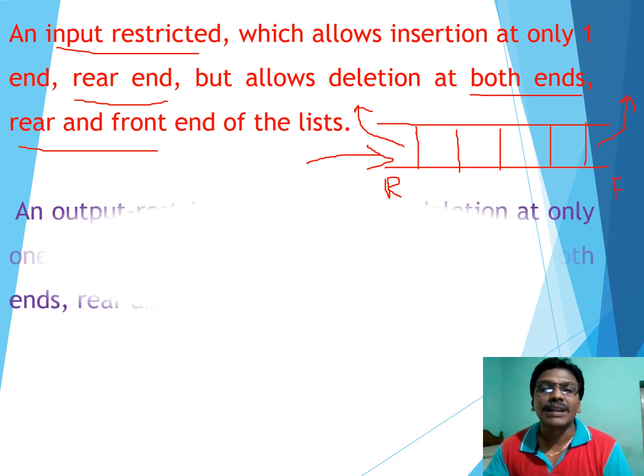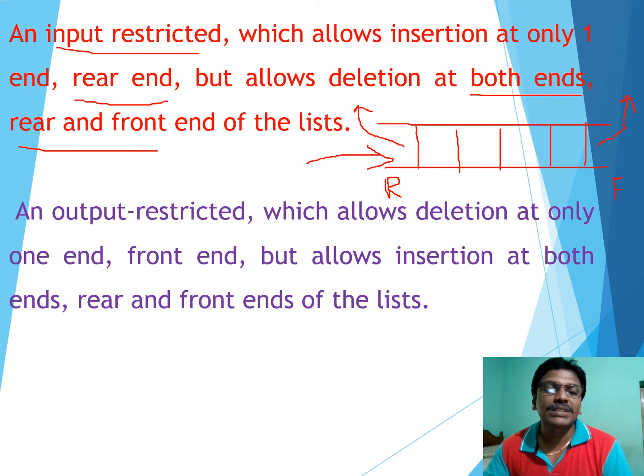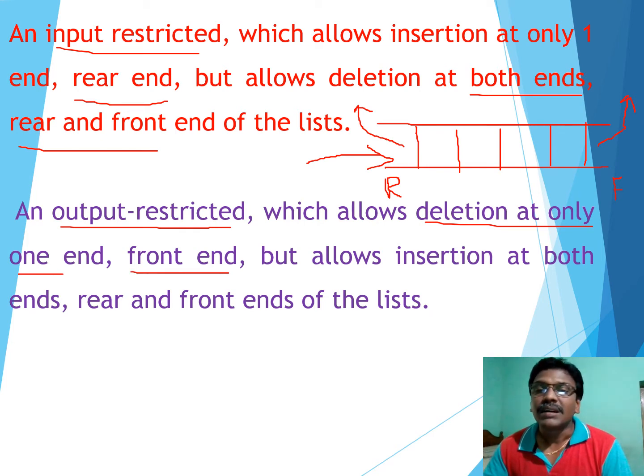And another one, output restricted, which allows deletion at only one end, that is the front end, but allows insertion at both ends, rear and front ends.